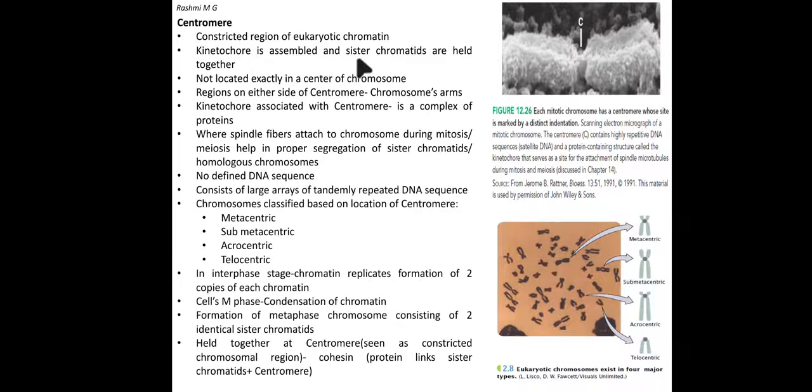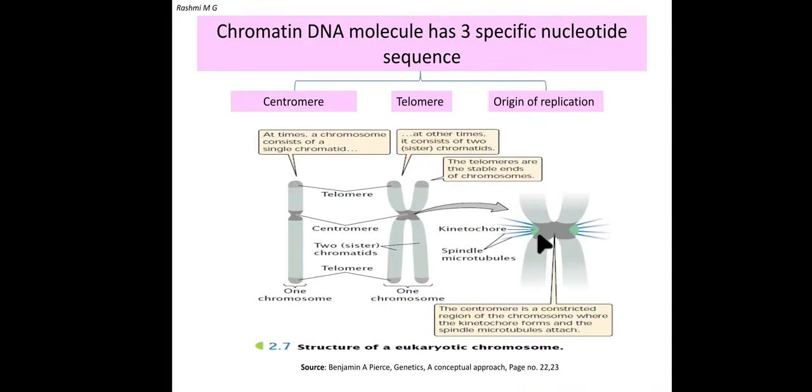In the previous image, you can see kinetochores in green color, in close proximity to the centromere. In future, during cell division, it pulls along with the spindle fiber, it pulls the sister chromatids to opposite poles in order to aid the cell division.